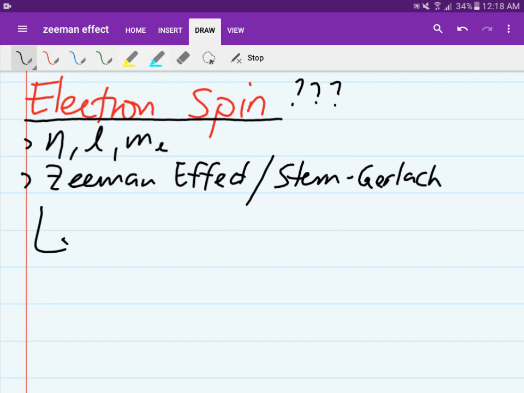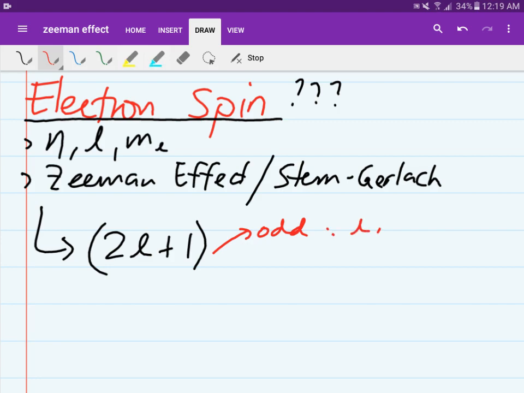we have seen that the spectral line splitting should give a value that is odd for a given value of l equals 0, 1, 2, and so on.